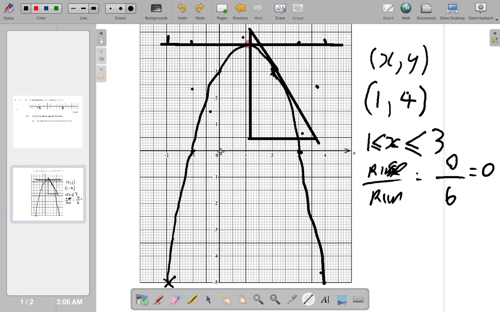If they had said what is the gradient when x is 0, you do the same thing. When x is 0, you project upwards to the curve, and this is where you draw your straight line. Your ruler should be lined up so that you draw a straight line through that point that doesn't cut through the curve. Then you do your rise over run at this point, and so on. But in any case, the gradient they ask us for is 0.